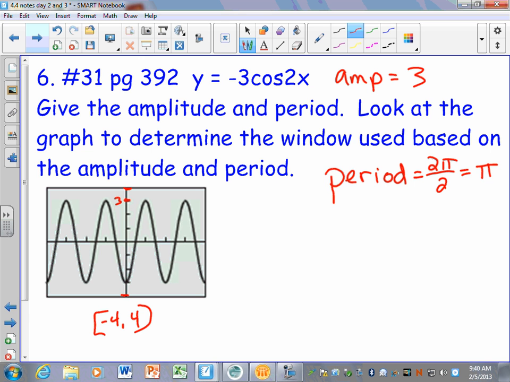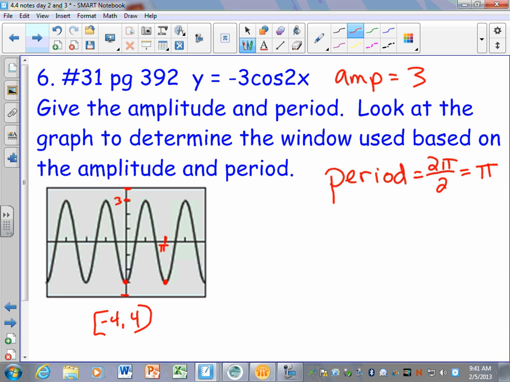Like I'm going to start down here, and how do I know when I've completed one period? When I get back down there, right? And so it's kind of making you go backwards a little bit. But that means I would start here, and I go up to 0, and up, and here, and then I would end right here, which tells me that right here has to be pi, because that's my period.